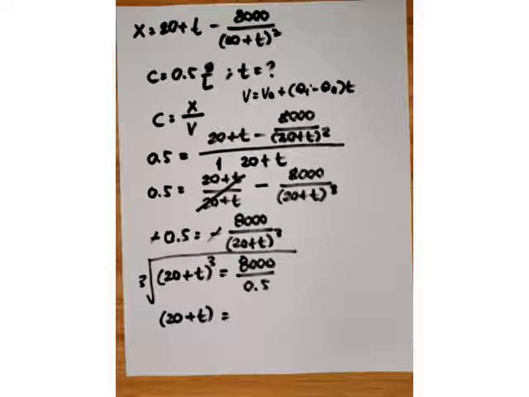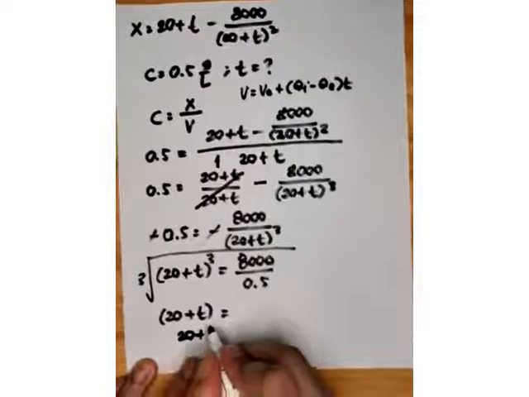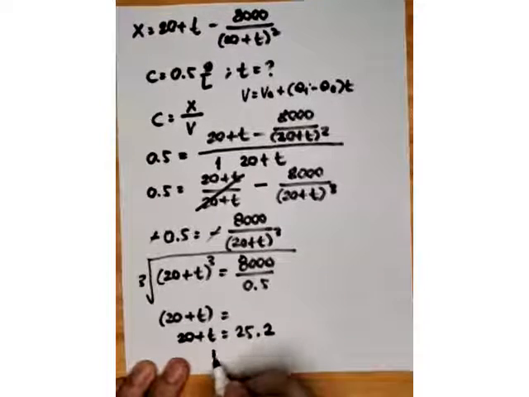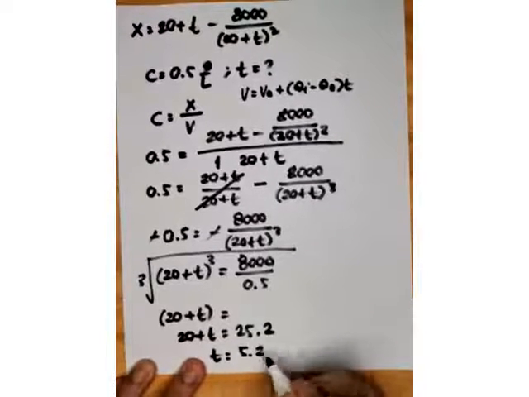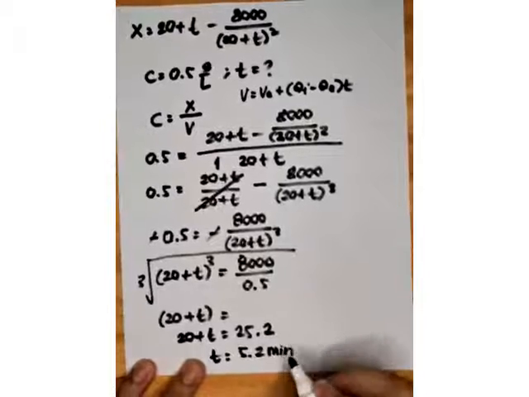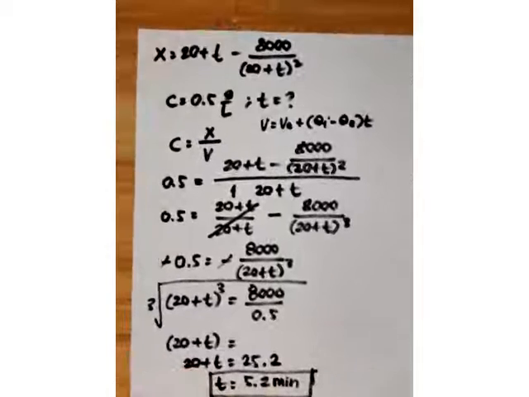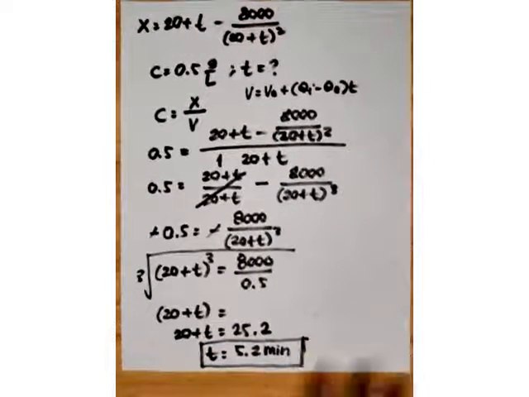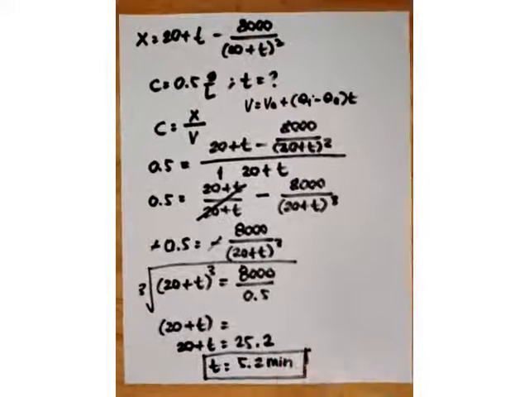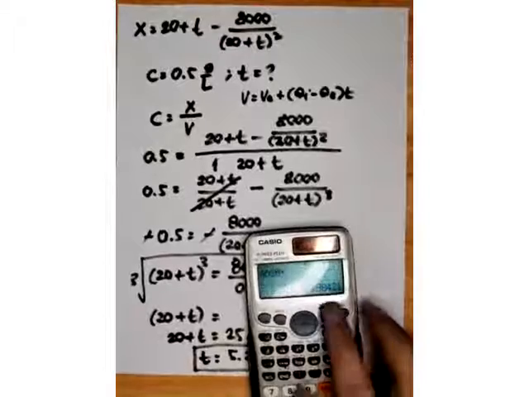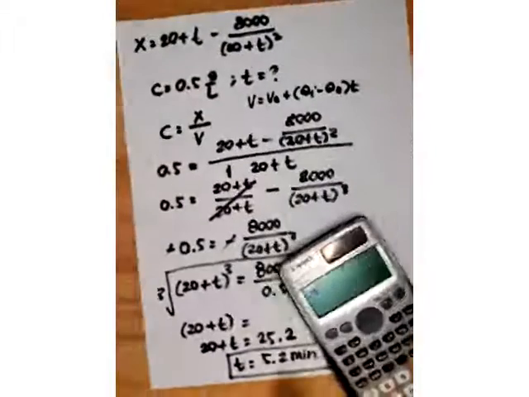So 20 plus t is equal to 25.2. So t is equal to 5.2 minutes. Ayan. Okay. t is equal to 5.2 minutes. So yung final answer. Pwedeng i-shift solve natin para lang ma-ensure. 0.5.